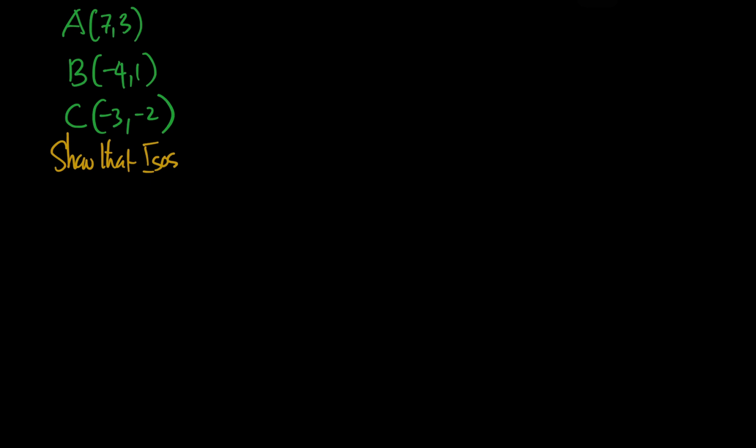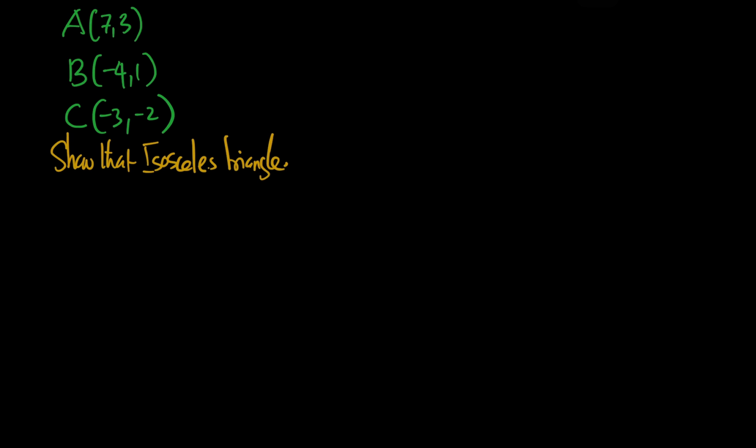We're given point B to be (-4, 1), and point C to be (-3, -2), in that order. We're being told to show that it's an isosceles triangle.